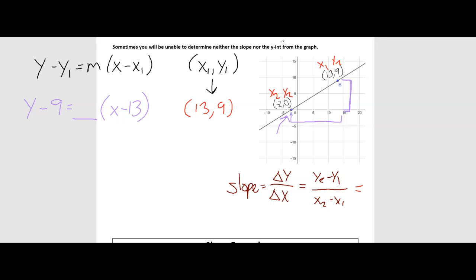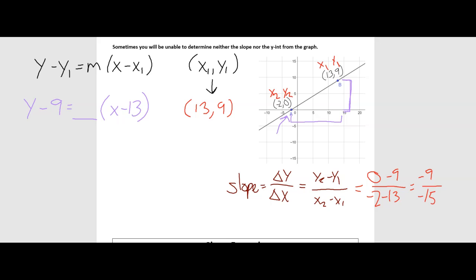So then I just have to do some substitution. My y2 is 0, minus y1, which is 9. My x2 is negative 2, minus my x1, which is 13. So I end up getting negative 9 all over negative 15.